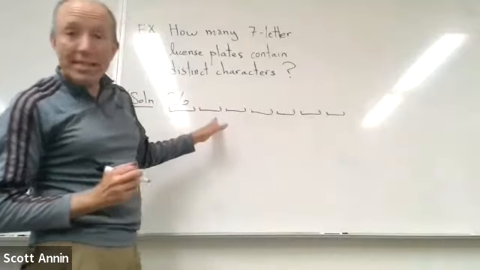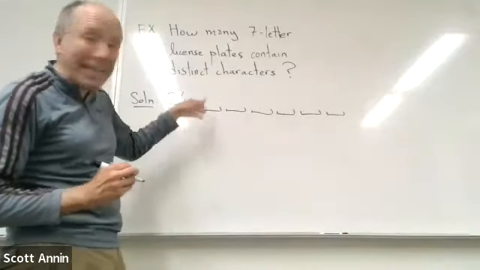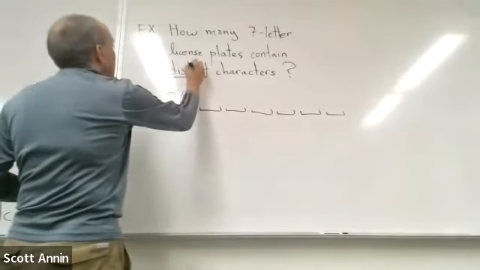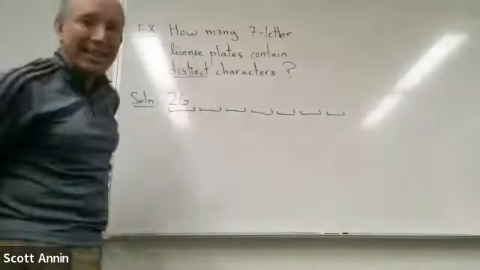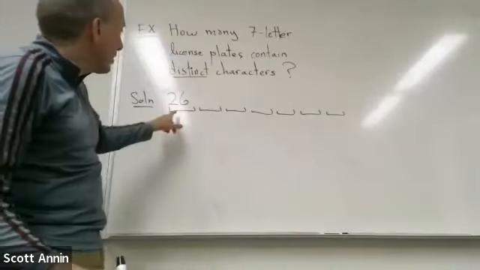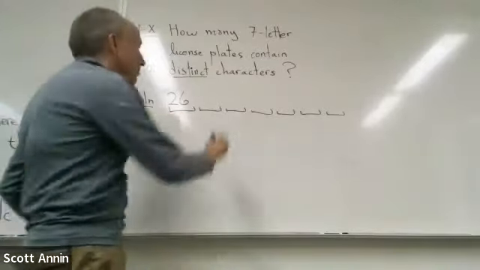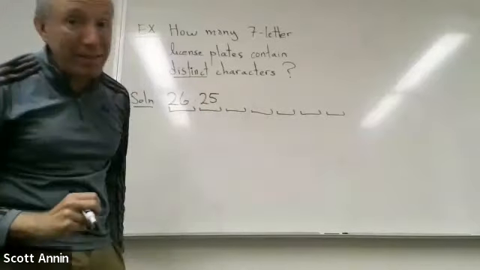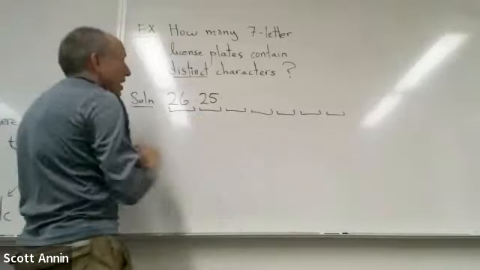But as I move to the second task, which is to now put the second letter into the license plate, I'm going to emphasize that I have to do distinct characters. So whatever character I put into the first slot, I can no longer use that same character again. I will only have 25 characters left for the second slot.